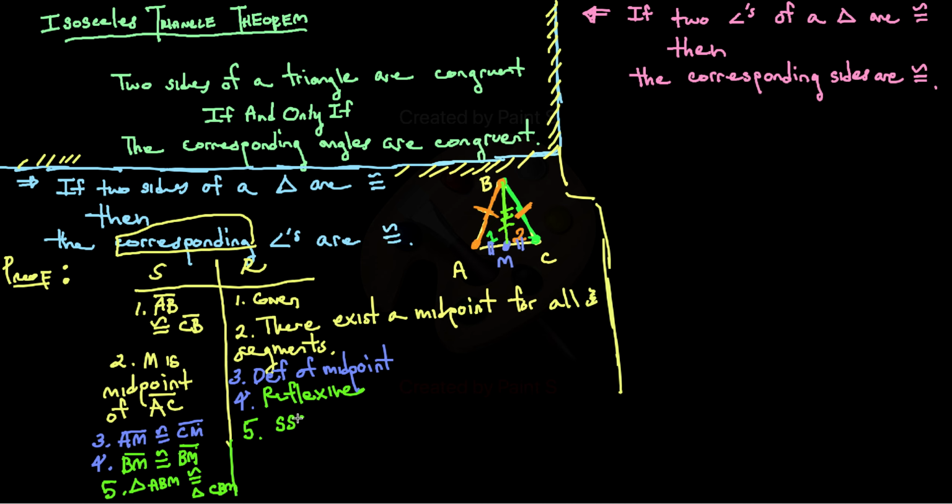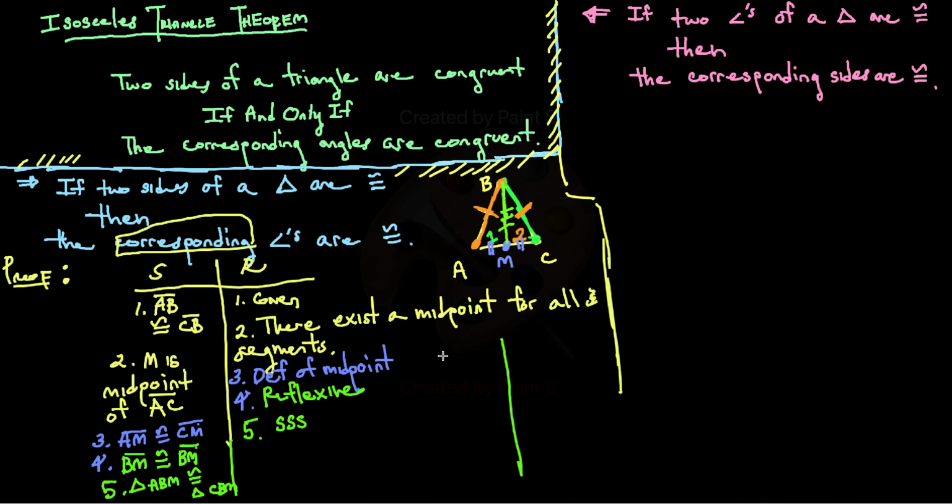I have three sides: this side, AM, is congruent to MC. This side, BC, is congruent to AB. And this side is congruent to itself, since they share that side.